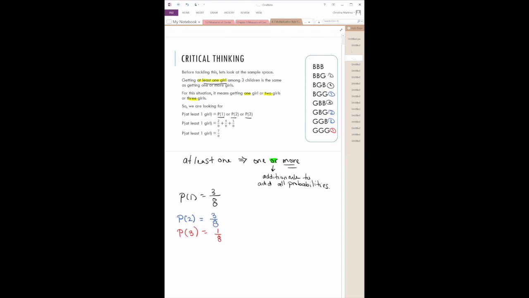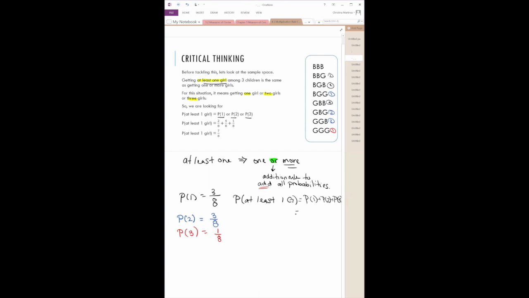And what I do now with the addition rule is I have to add up all of these probabilities together. So if I want to find the probability of getting at least 1 girl, which I'll put as a G, I'm looking at the probability of 1 girl plus probability of 2 girls, and then probability of the 3 girls appearing, which I found all of those right here on the side.